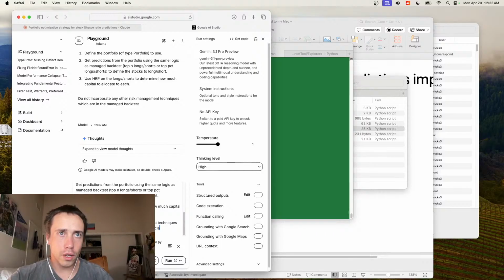The new class should output the same plots as managed backtest. Also, add a new column or columns to the plot which shows plots which are relevant to the HRP strategy.